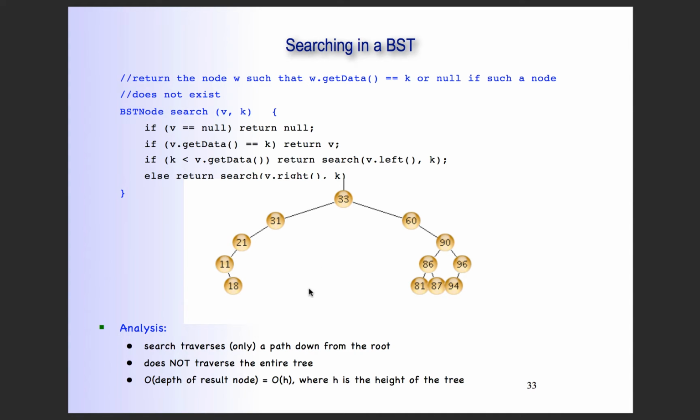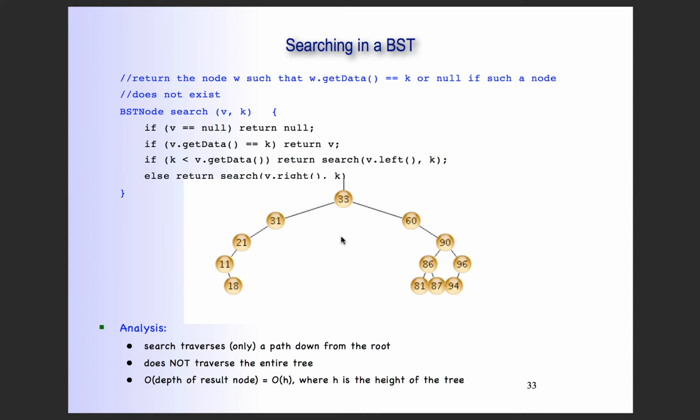So we can say that the complexity of the searching algorithm is big O of h. What is h? h is the height of the tree. We already know how to calculate the height. Height is the longest path of a tree. It could be possible that you are finding data that is in the leaf of the longest path.